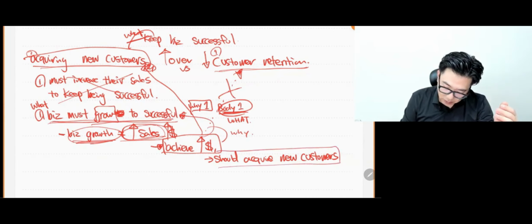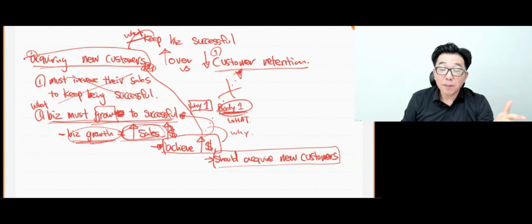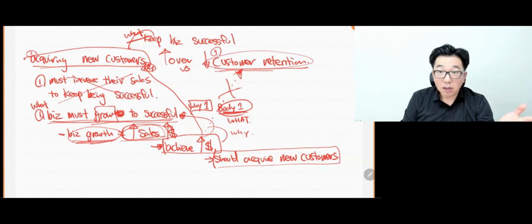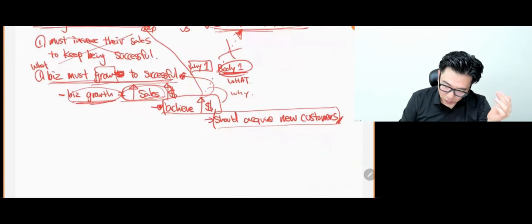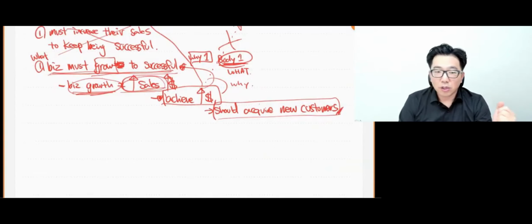More sales can be achieved when you are finding more new customers and selling to them rather than just keeping your current customers, right? So we have what, why, how done. And since I have two reasons, I can stop there. Otherwise, my answer will become too long. I mean, there's no such thing as too long, but you know what I mean.